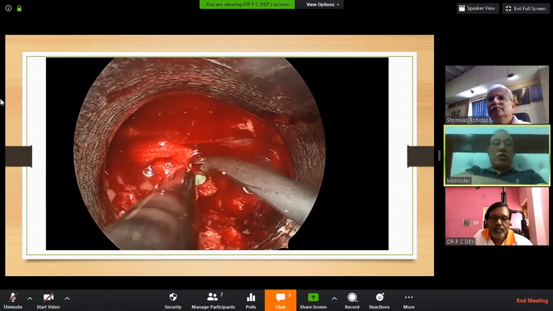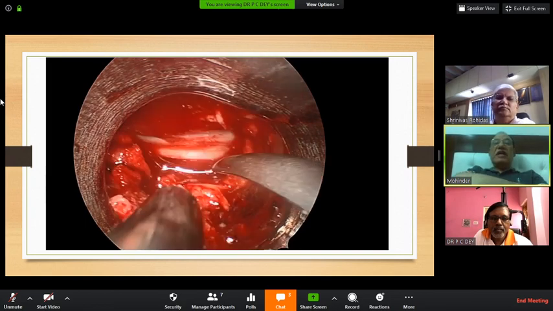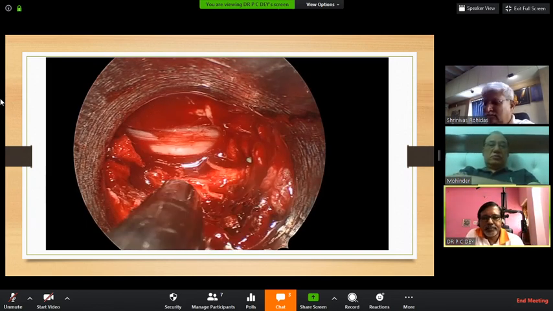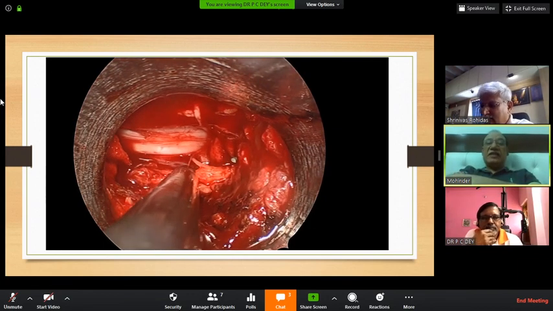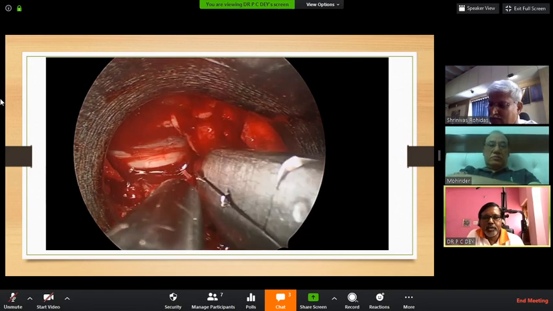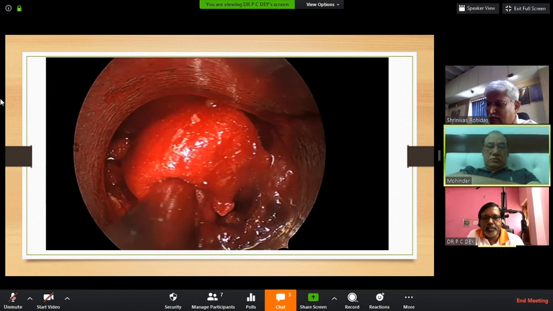As the one step you are already demonstrating, you are using patties to control the bleeding. Then this patient is an army person and he is hardly 35 or 40, so he must have taken a lot of analgesics. He was suffering from that gastro problem for 8 days and was admitted in our hospital.